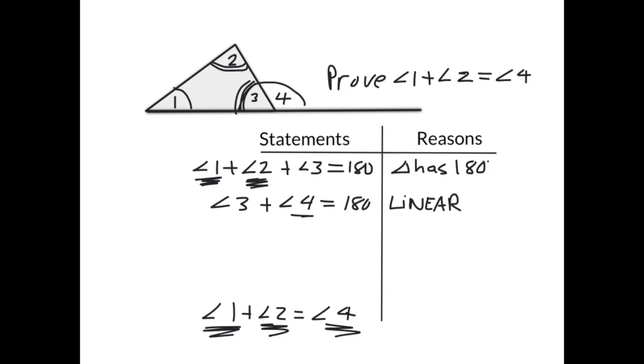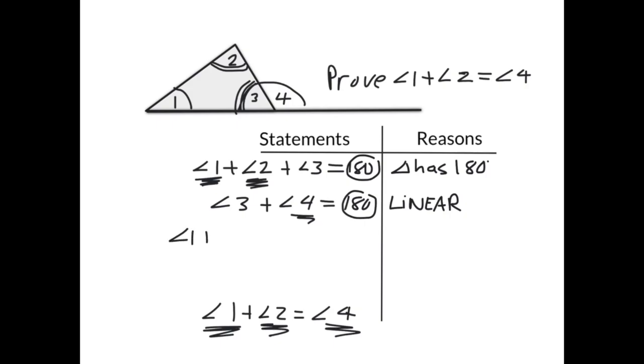So our proof so far has facts about angles 1, 2, and 4, which is good. The thing to notice is that there's 180 that shows up in both of those statements. So substitution is something you could use to finish this proof off. The 180 here can get replaced by 3 and 4. So think about that 180 disappearing, and in its place, 3 and 4 jump in to take its place.